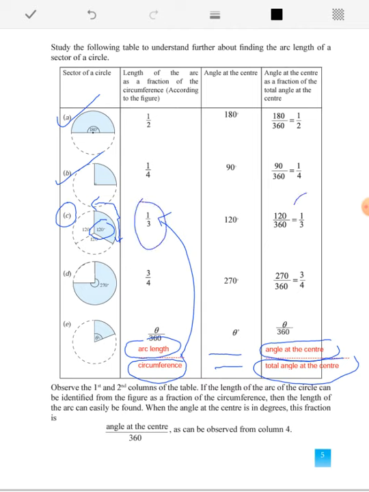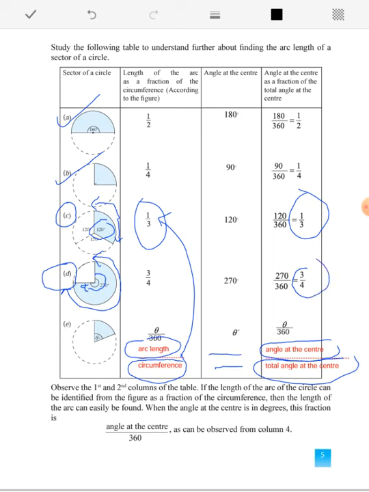Here let's move to D part. The arc length of the circle is 3/4 of this circumference. Also the angle at the center is 3/4 of the circle.